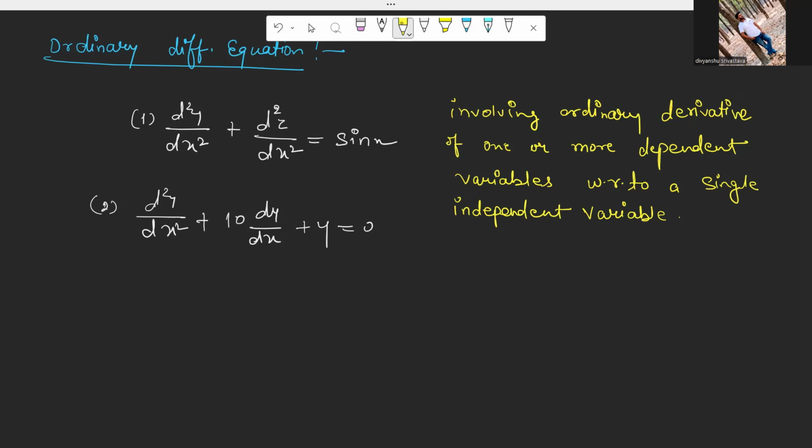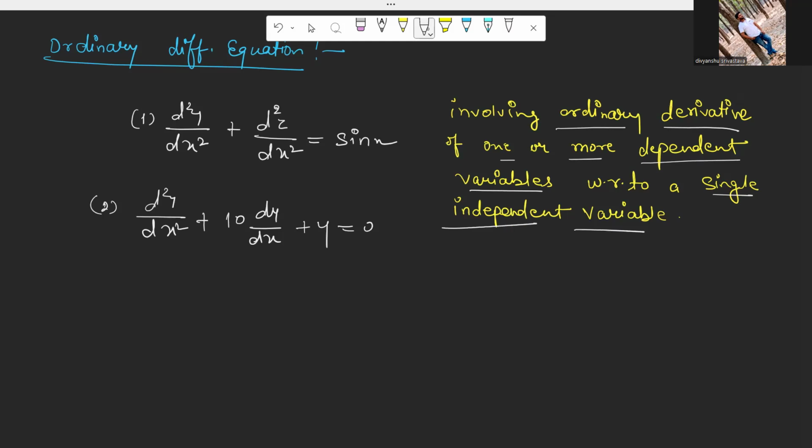Now come to the simple point, that is how you say a simple ODE, then move on to partial differential equation, then order of differential equation, and then degree of differential equation. So the ordinary differential equation is nothing but a differential equation involving ordinary derivatives of one or more dependent variables with respect to a single independent variable.